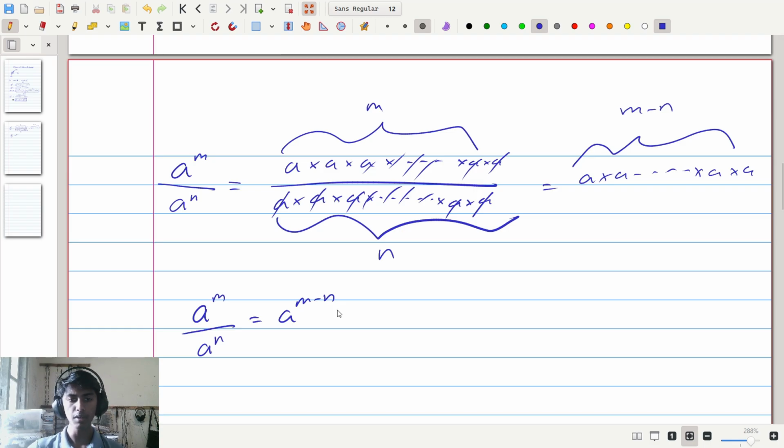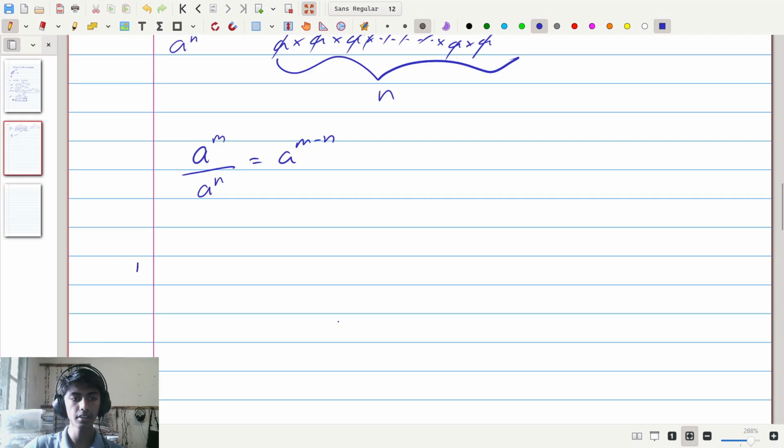However, if n is greater than m, or m is less than n, then we are dividing by more a's than we have in the numerator. If we consider n greater than m, we have a to the m divided by a to the n being equal to a times a times dot dot dot a bunch of a's.